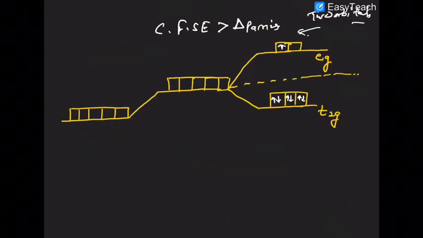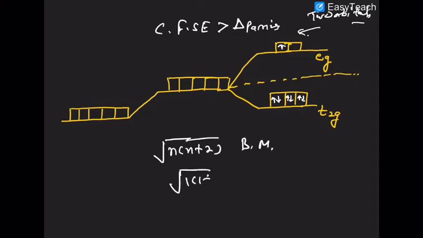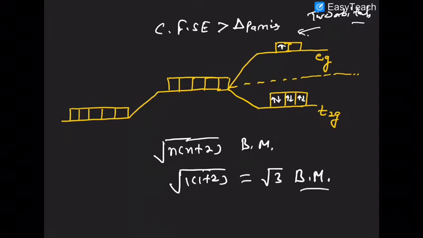Now here also you have one unpaired electron. So according to the formula, you put one electron there: root of n(n+2) Bohr magneton is the magnetic moment in this case. Are you getting that?